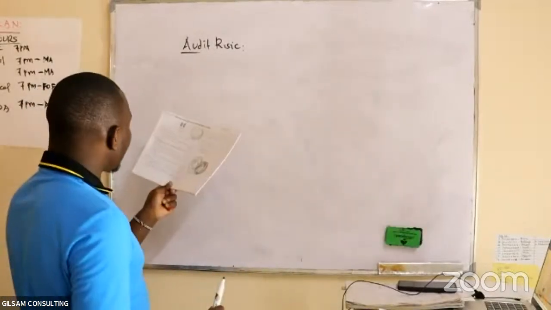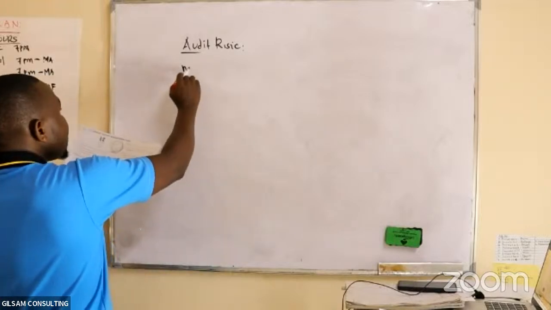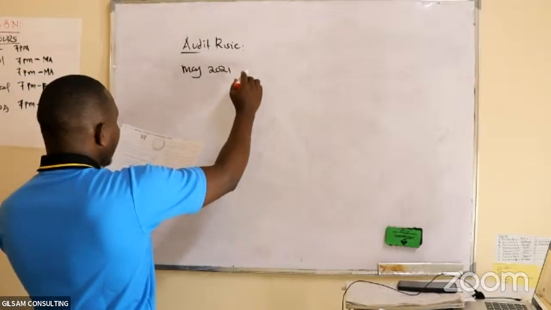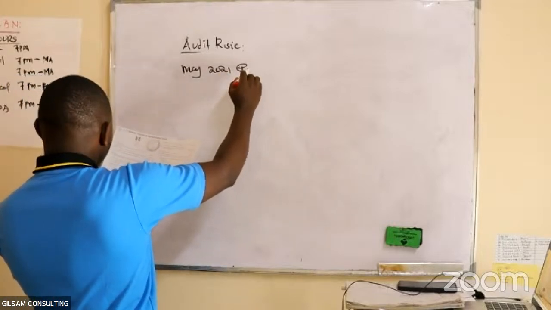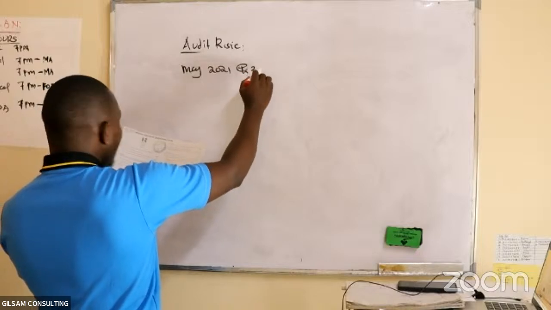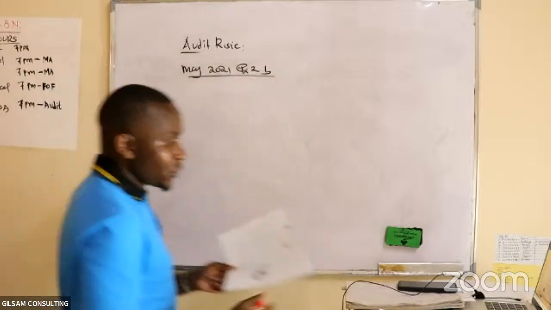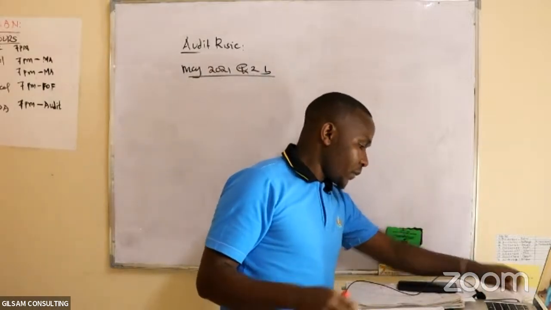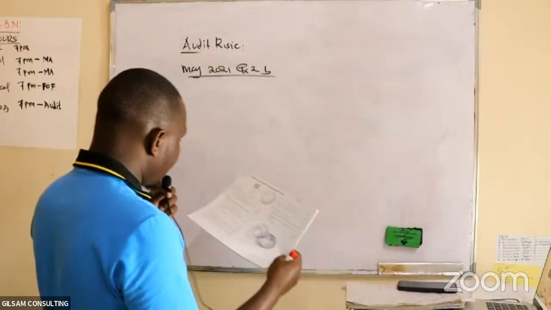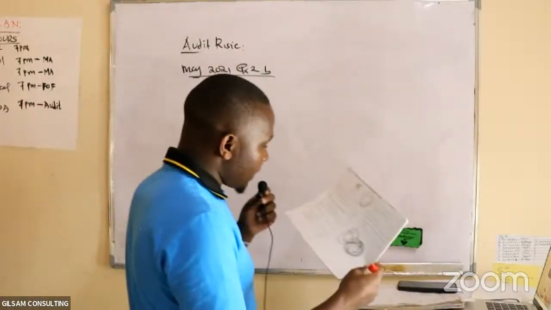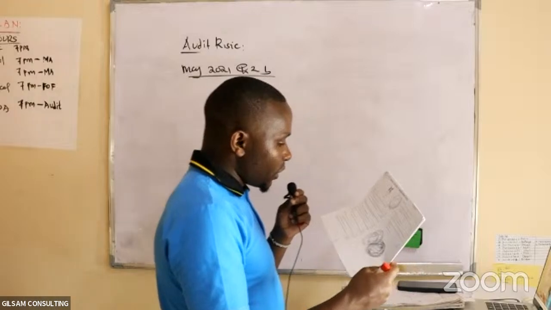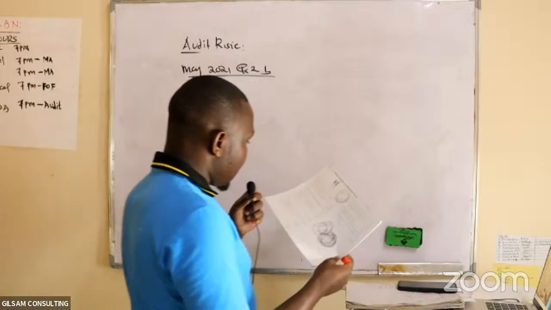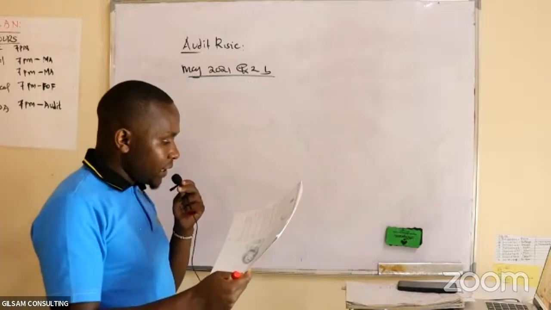So looking at that question, that is May 2021, question 2B. You are asked: audit risk is the risk that the auditor expresses an inappropriate audit opinion when the financial statements are materially misstated.